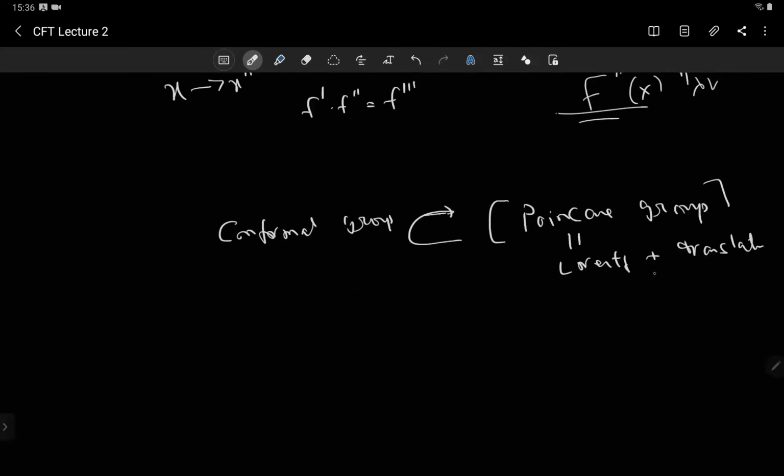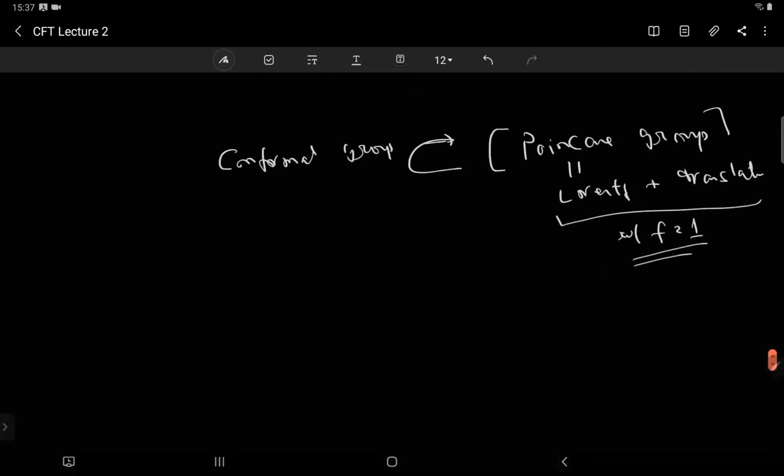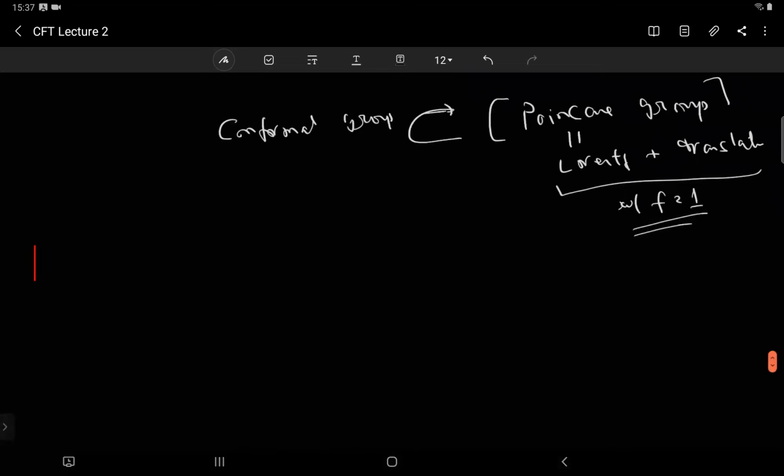In this case it is the same as this, but with f equal to 1. So it is a subset of transformations, a bigger set of transformations than the Poincare transformations.